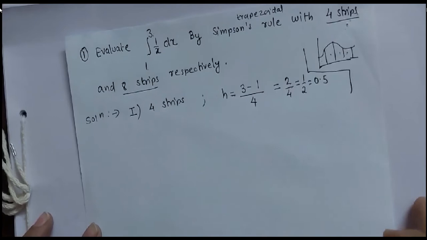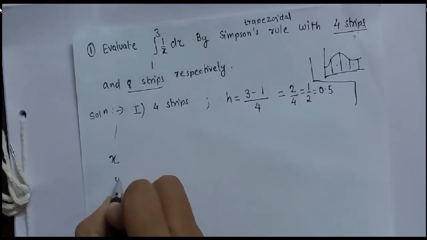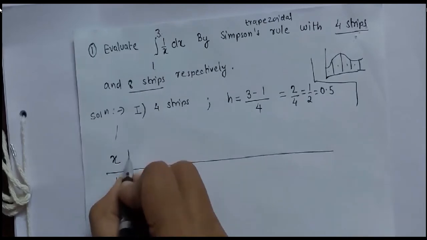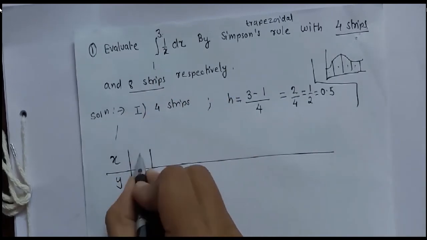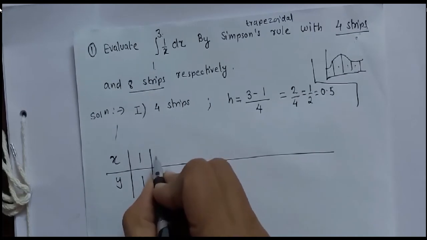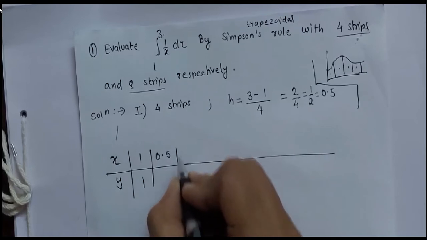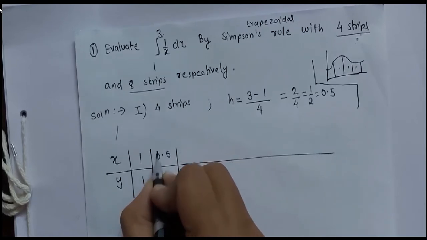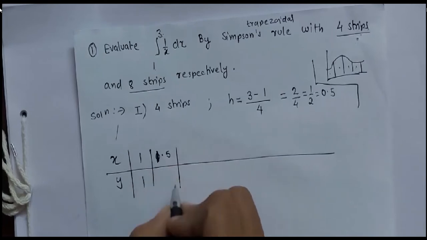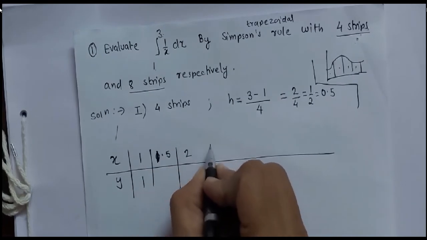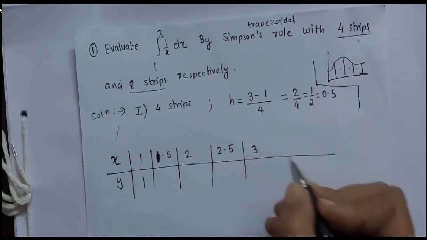Now we need to draw the table. The table has the value of x and the corresponding value of y. Here the function is 1 by x. When x is 1, you get 1. Then we add 0.5 each time: 1.5, 2, 2.5 and 3.